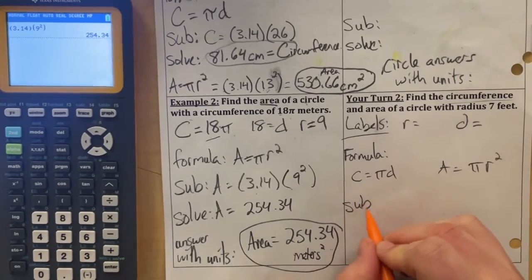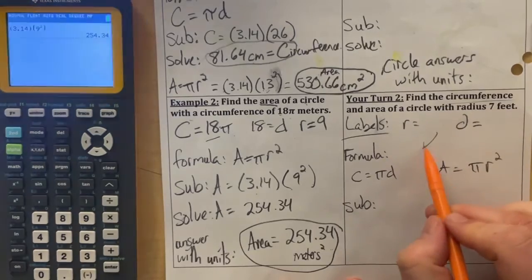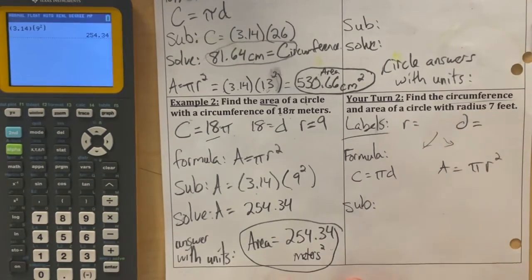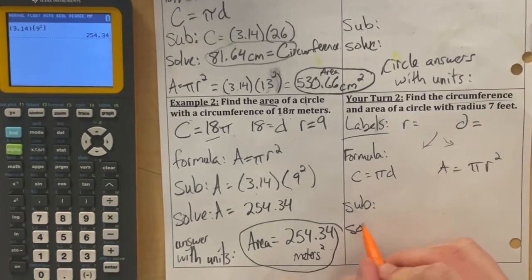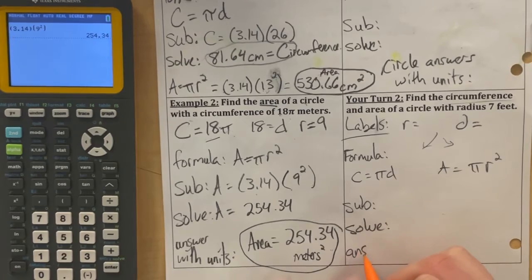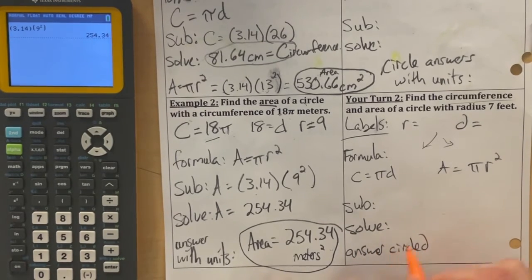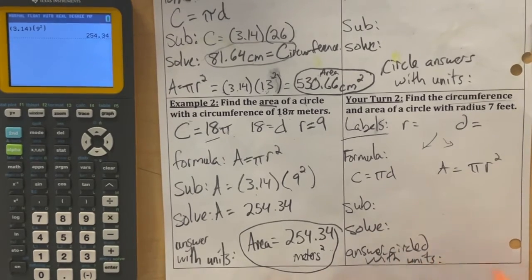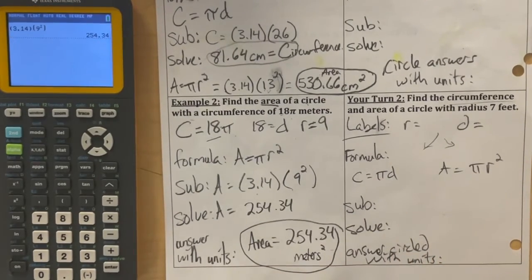Sub in your values, again, into your formulas, and then solve for those values. And then lastly, have your answer circled with units. So again, take your time, make sure you can pause the video and try this one out for yourself.